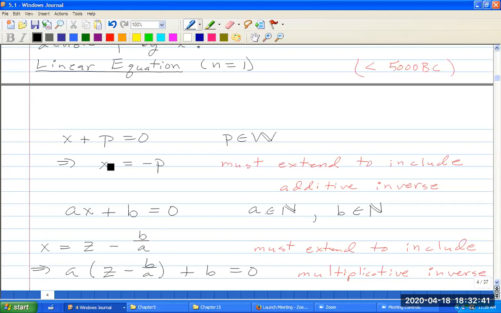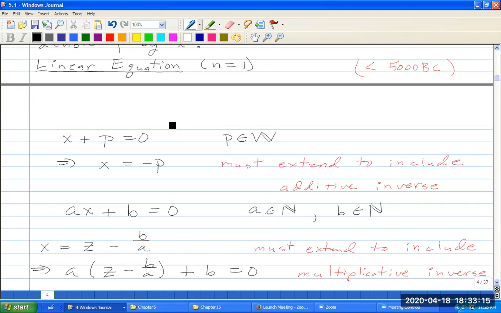So we must extend the idea of a solution so that we include additive inverses. Even if I only had whole numbers, I'd have to include additive inverses, so I really have to look at the integers.